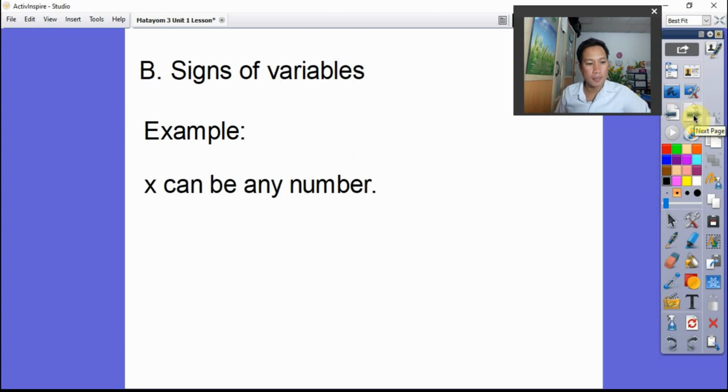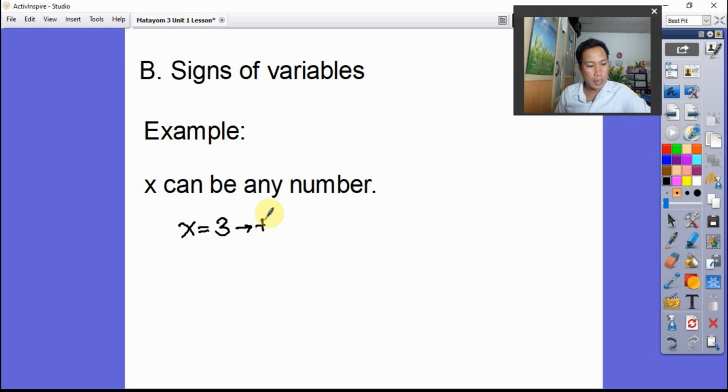Second concept: x can be any number. If it's any number, it can be either positive, 0, or negative. So let's say, for example, let x be equal to positive 3. What is the sign of x? x is a positive number because our x is equal to 3.